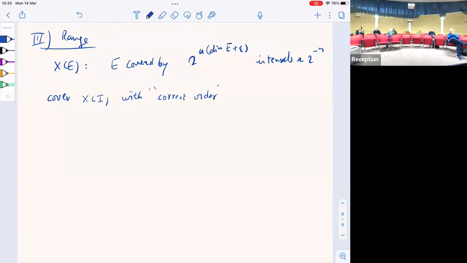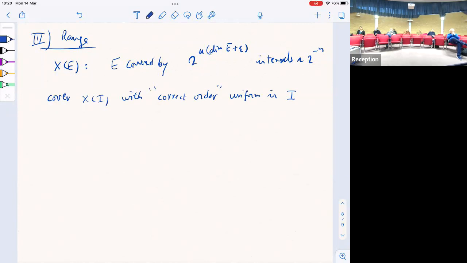Correct order in the sense that it gives eventually the sharp Hausdorff dimension in the upper bound. But also we want uniformity in I, because eventually what we want is this result to hold uniformly for all the Borel sets. Okay, so that's the goal.